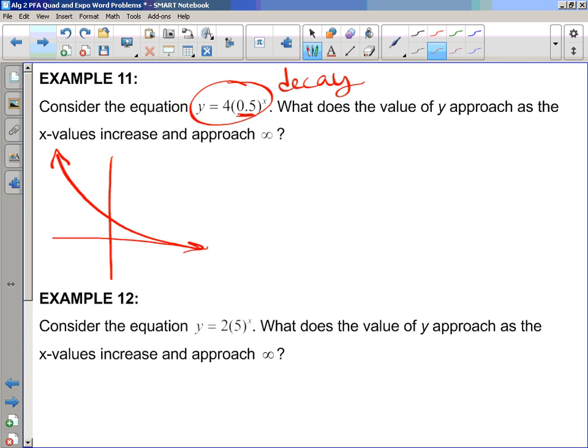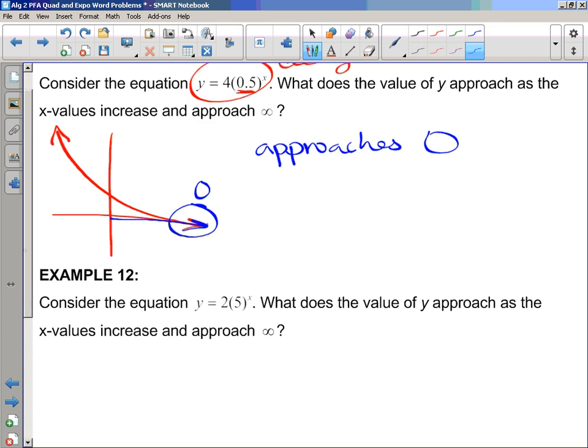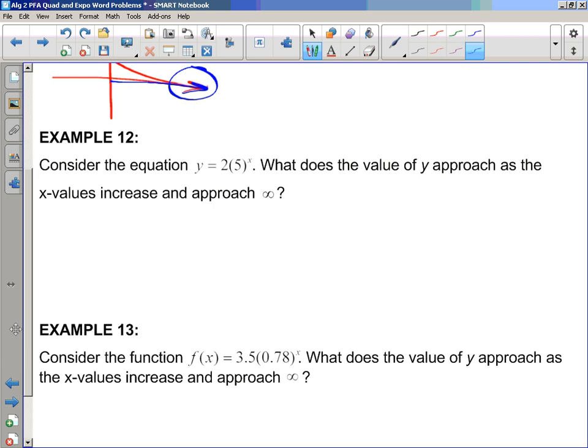So it's asking, what does the value of y approach as the x values increase? As x values increase, I'm looking at the right side of the graph. What is that graph doing? It's approaching 0 there. So it approaches 0. And that's it.